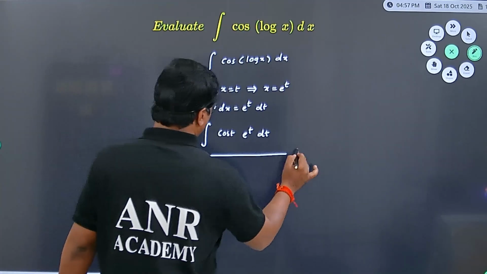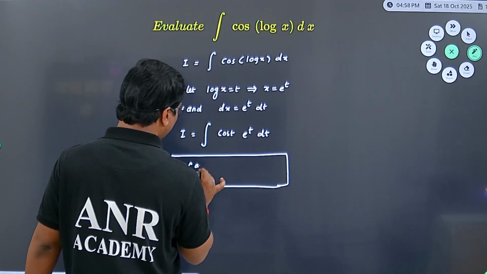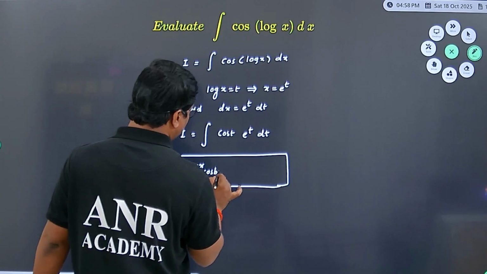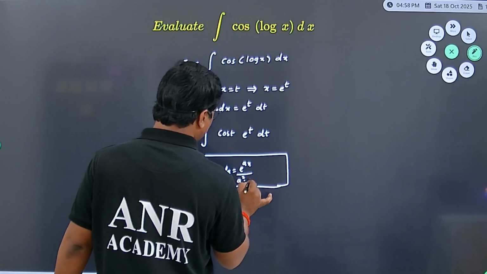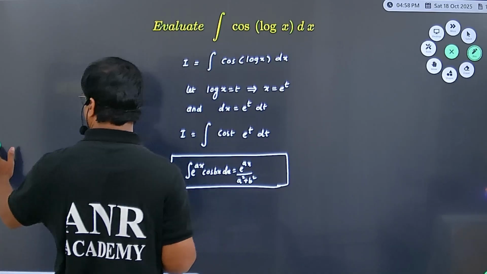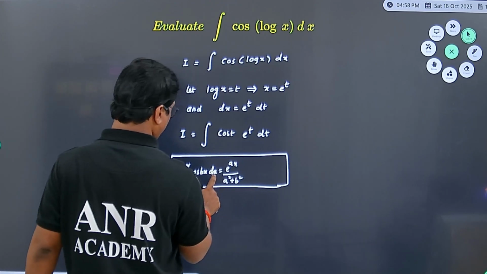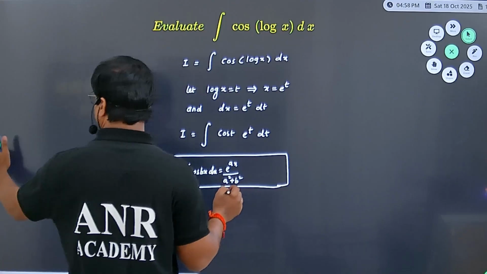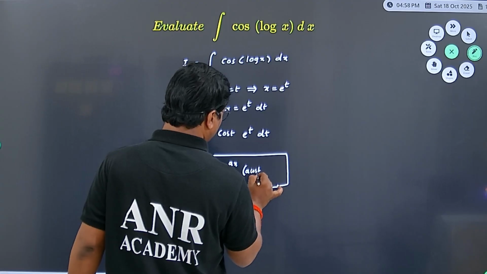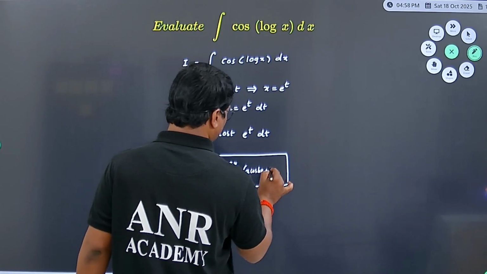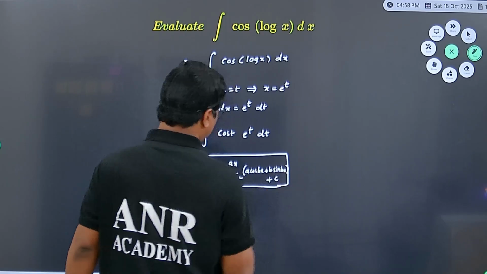You know the formula: integration of e power ax cos bx dx is e power ax by a square plus b square into a cos bx plus b sin bx plus c.